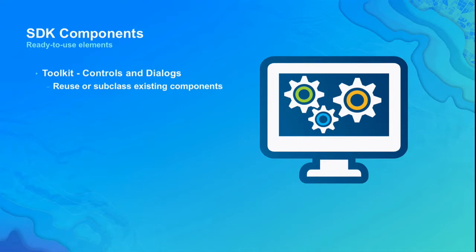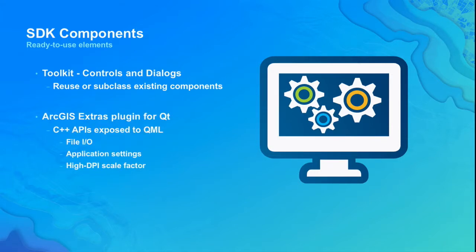So, SDK components: use what's already available to you. We have some toolkit controls and dialogues that we ship with the product out of the box. And the Qt framework's got a lot of nice handy tools as well. Reuse these toolkit components, subclass them, make modifications to them to get the experience that you want in your applications.